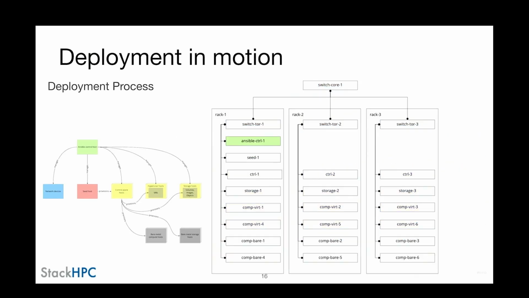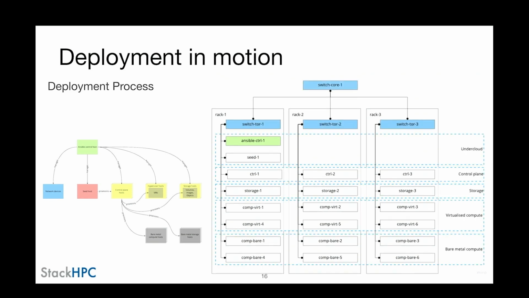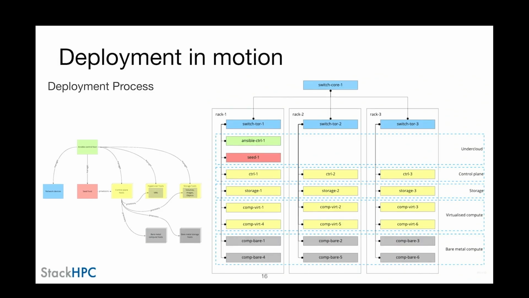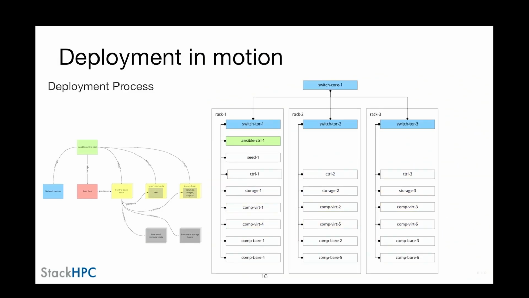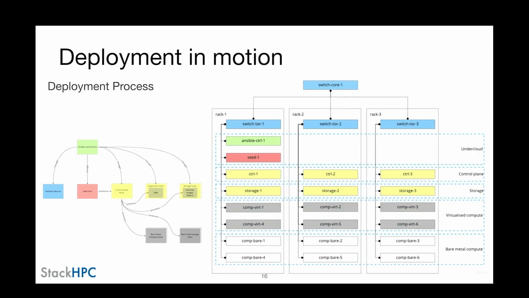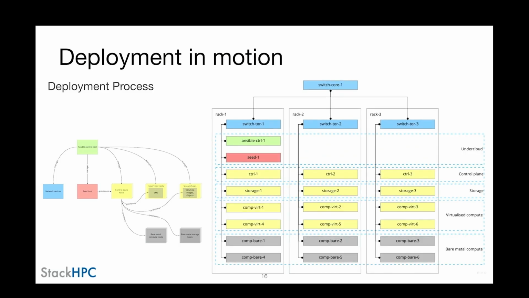And this is a visualization of what those various layers of the cloud would look like as they are spinning up and populating the servers as they come online. So as you can see, the first thing that comes up is the blue layer on top, which is the networking.